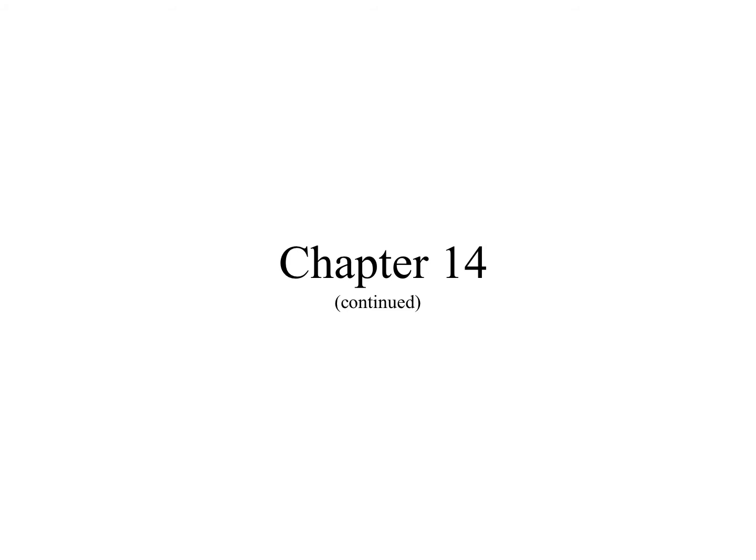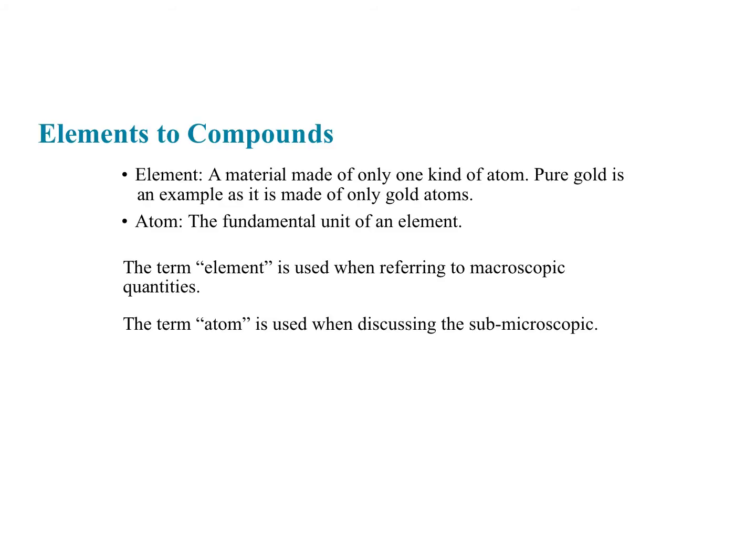So real quickly, let's remind ourselves, an element is a material made of only one kind of atom. If I have a bar that's made out of pure gold, that pure gold consists only of gold atoms. So atoms make up elements, and the atom is the fundamental unit of an element.